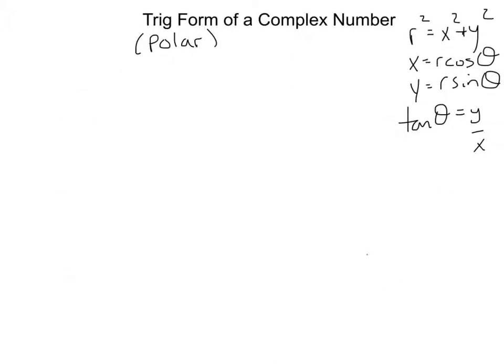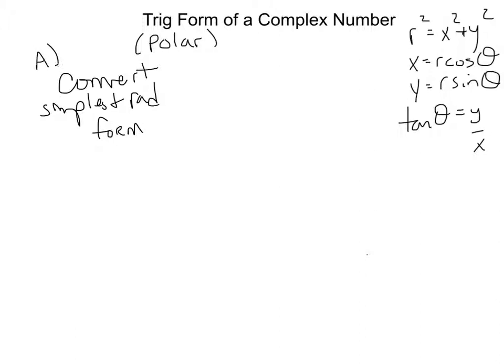So let's try the other one. This time we're going to convert again, and we're going to do it two ways. Convert to simplest radical form. That's part A, and also part B, to nearest tenth.